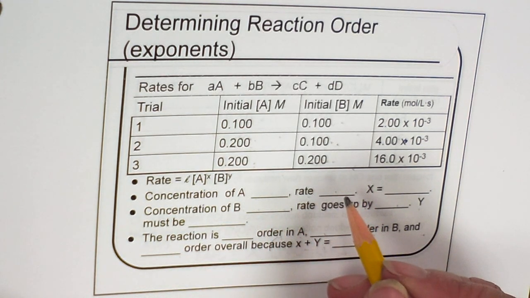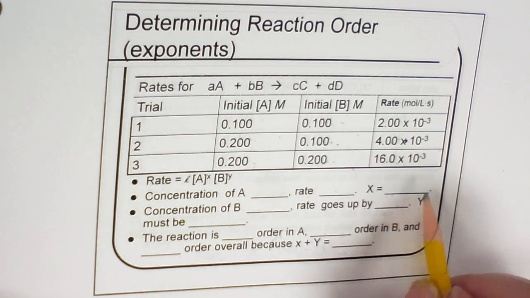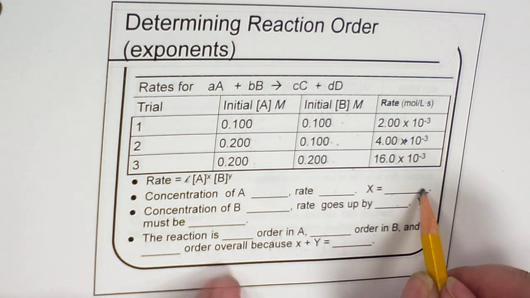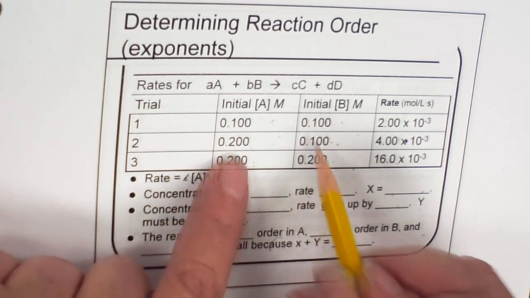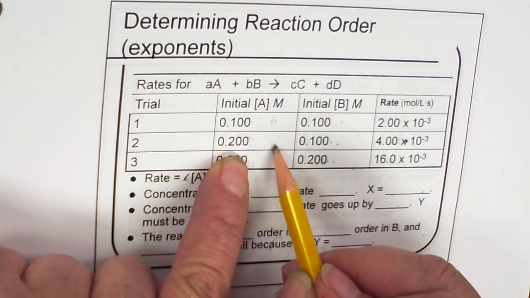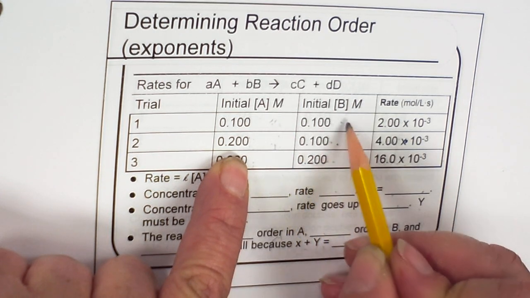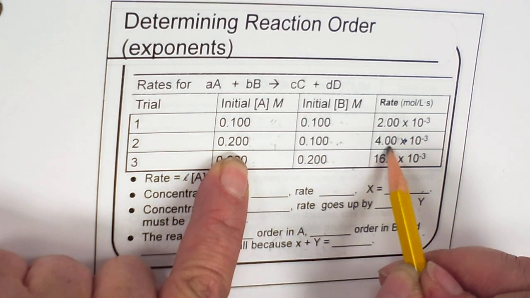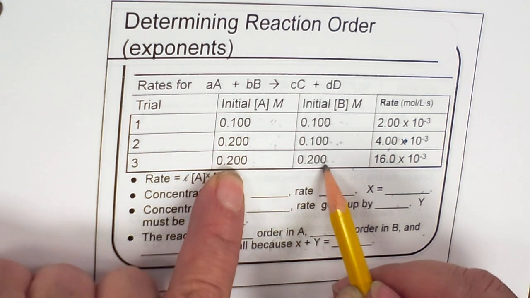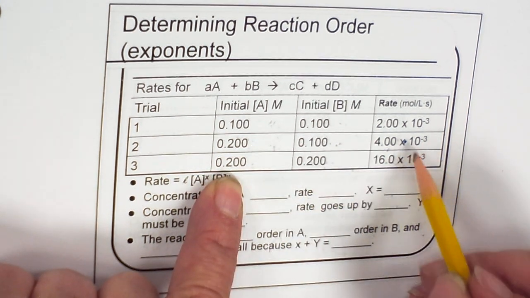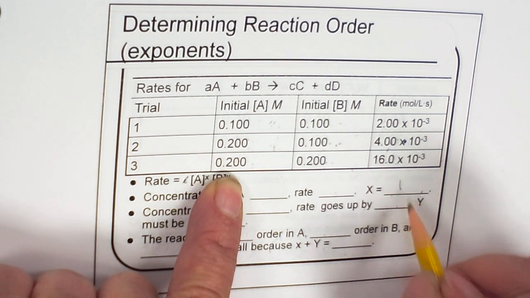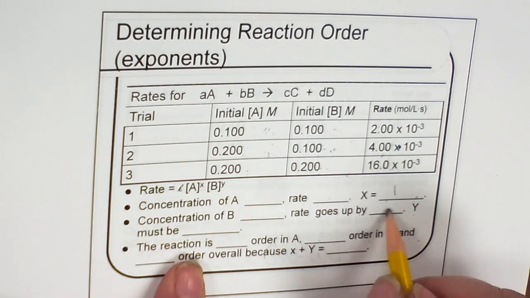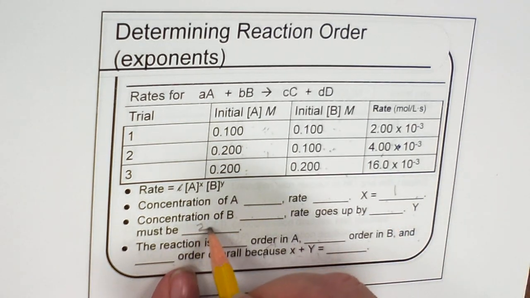It's a 2. So X equals 2. When I double the concentration of B and A stays the same, the rate goes up by 2, right? So that means that Y is 1 and X must be 2, right?